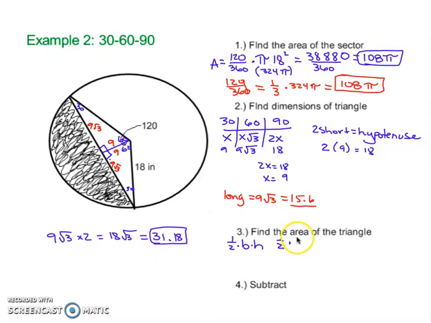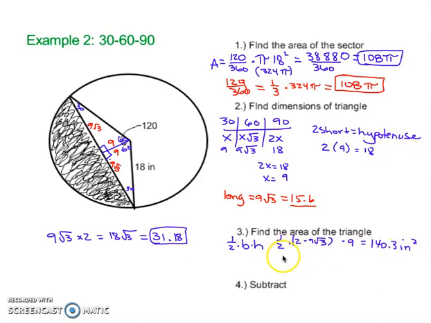So I'm just going to write that in there, 2 times 9 square roots of 3, times your height is 9. So that would equal 140.3 inches squared.